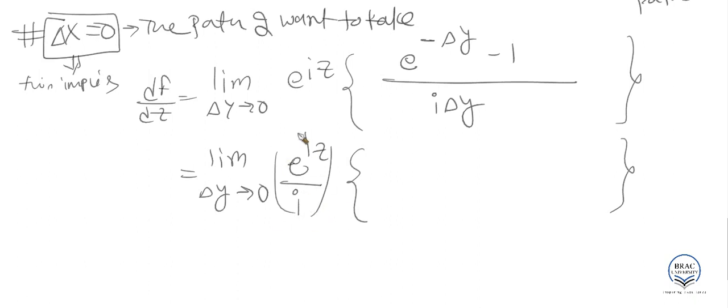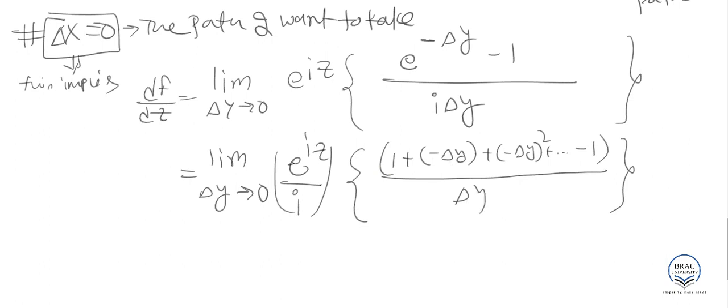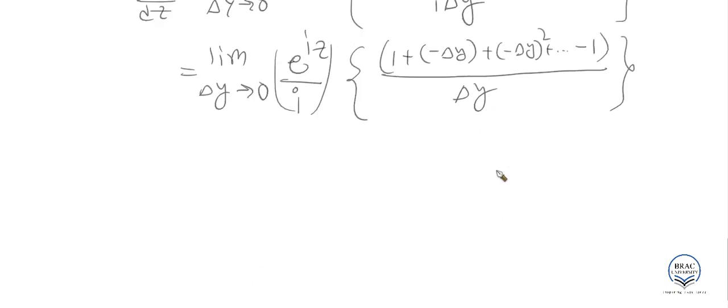Let's enclose them with the first braces, and if I expand this power series, this is just 1 plus minus del y plus minus del y squared and so on, and there is a minus 1 at the last. So this dot dot dot represents the other higher order terms in the exponential series, and it is divided by del y, right?